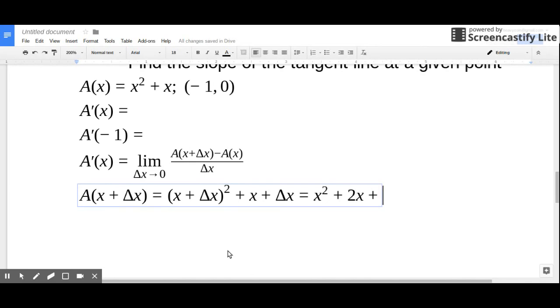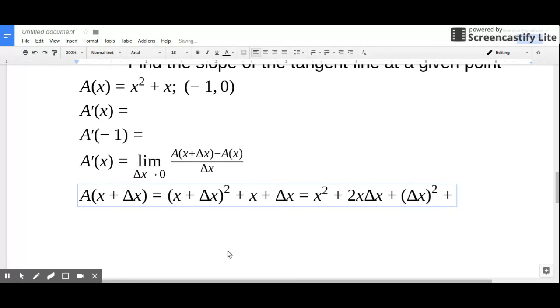So we have x squared plus 2x delta x, and then of course this is going to be delta x squared.